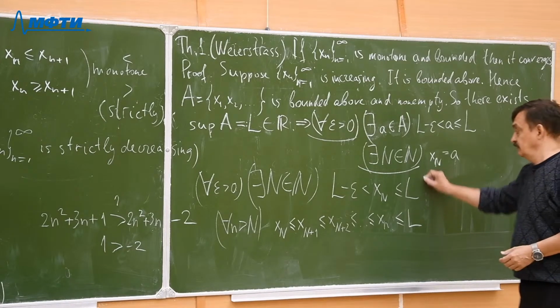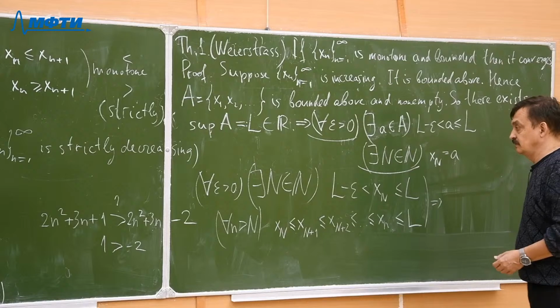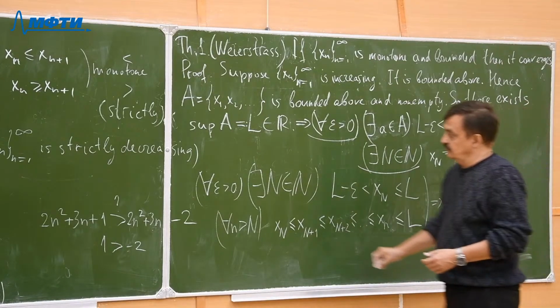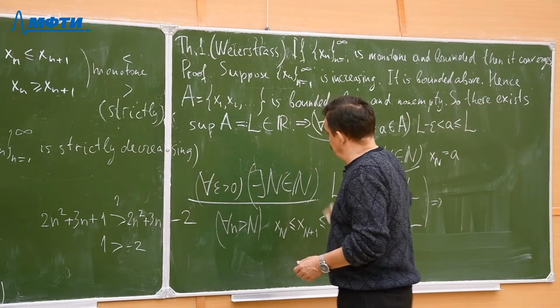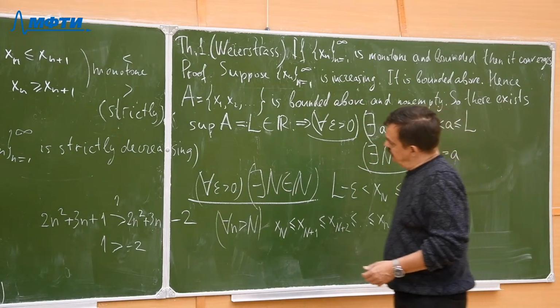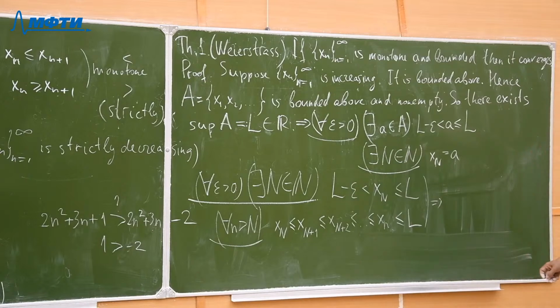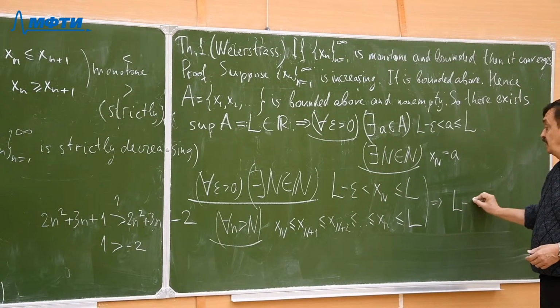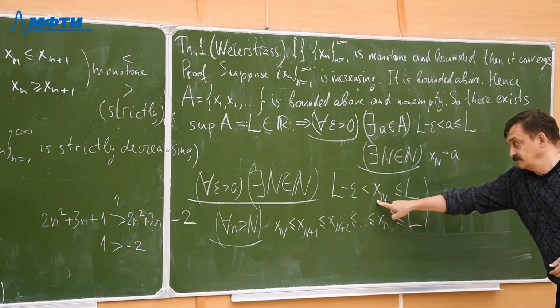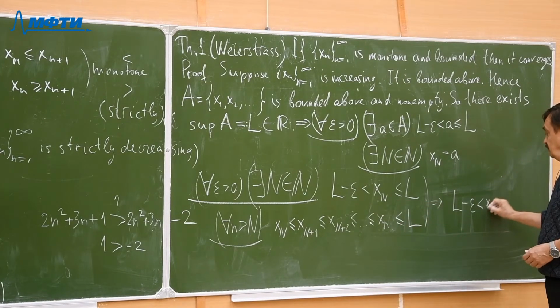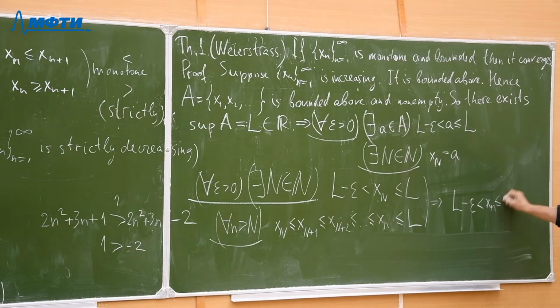So, altogether, what we deduce: for arbitrary epsilon, we have found capital N such that for all n greater than capital N, we have L minus epsilon less than xn less or equal L, which is definitely less than L plus epsilon.